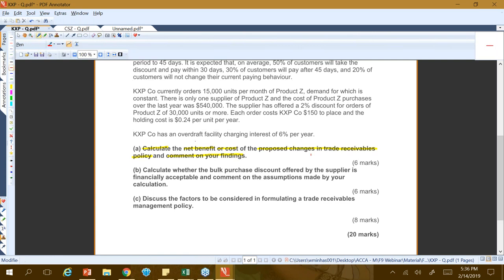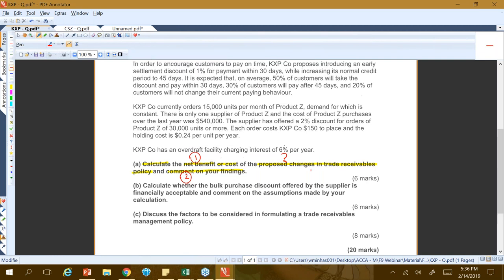We have to find the net benefit or cost of the proposed changes in trade receivables policy, and then we have to comment on our findings for 6 marks. And again, we'll need to know what the proposed changes are. So let's take this question requirement by requirement, and first do the proposed changes bit.